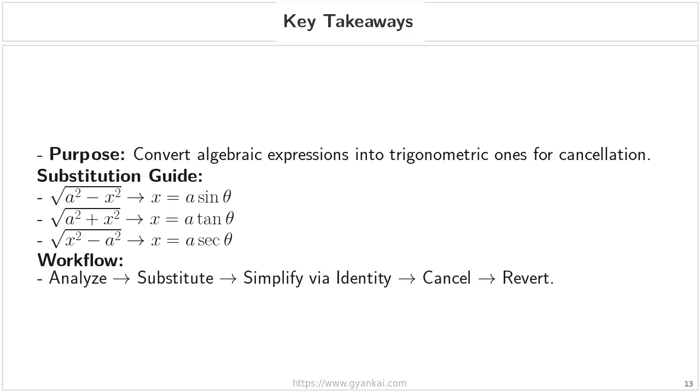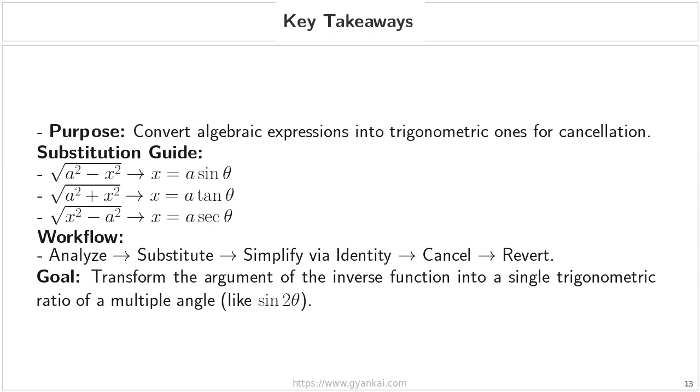To keep your work organized, always follow this specific workflow. Start by analyzing the expression to pick your substitution, perform the substitution, simplify the result using a trigonometric identity, apply the cancellation property, and, most importantly, as we discussed in the common mistakes slide, always revert the expression back to the original variable.